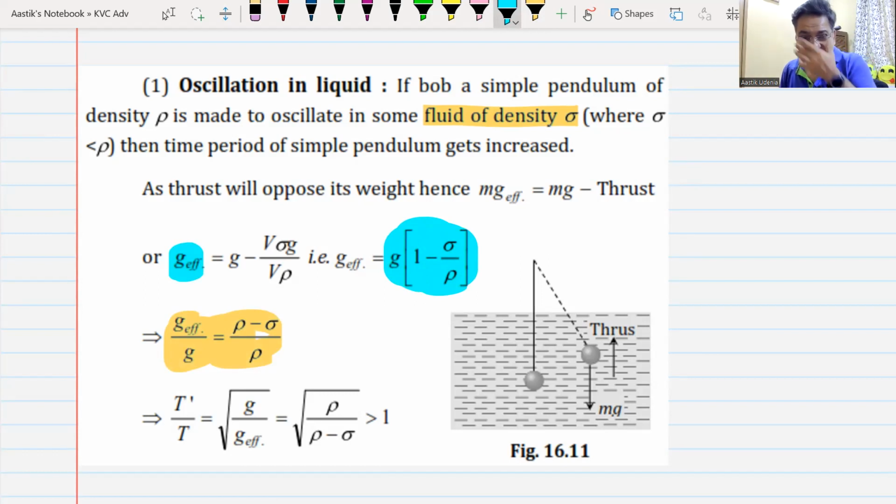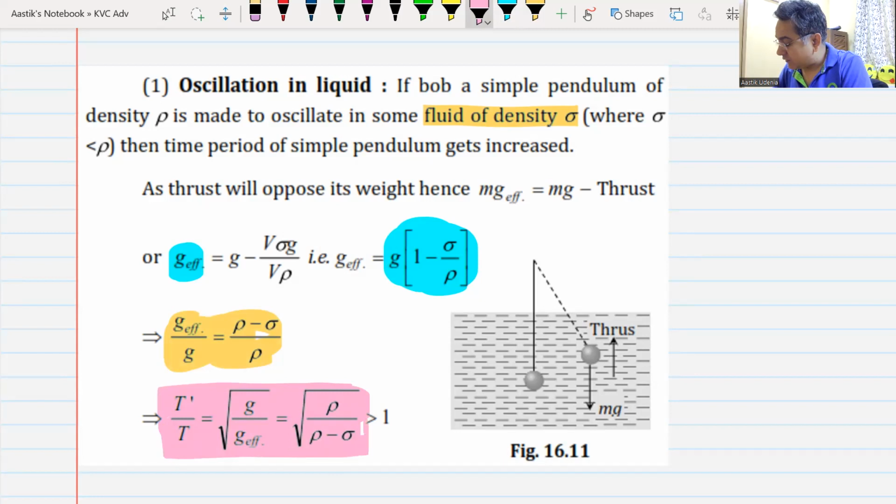You have to find out the effective weight in this case. Once you get the value of effective weight, getting the value of effective weight is basically getting the value of effective G. Once you get the value of effective G, you can find out, and if you want, you can remember this formula as well.